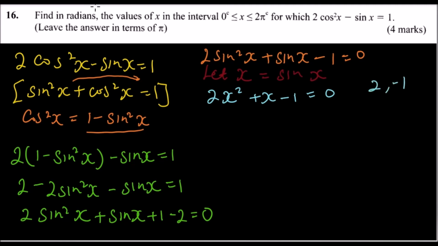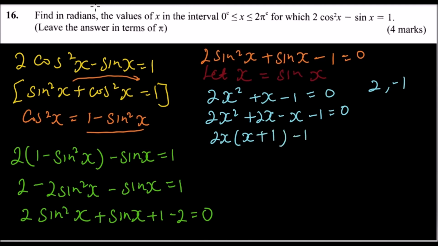So we rewrite our equation and say this is 2x squared plus 2x minus x minus 1 is equals to 0. You factorize, you have 2x, and then we have x plus 1, and then we have minus 1, we have x plus 1 is equals to 0.